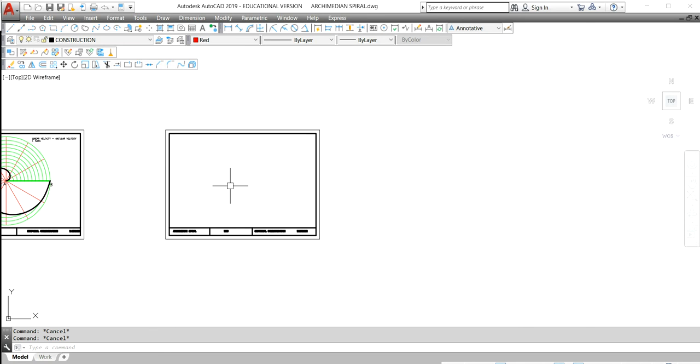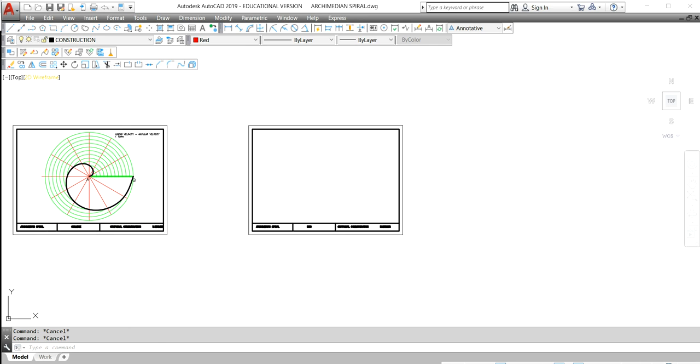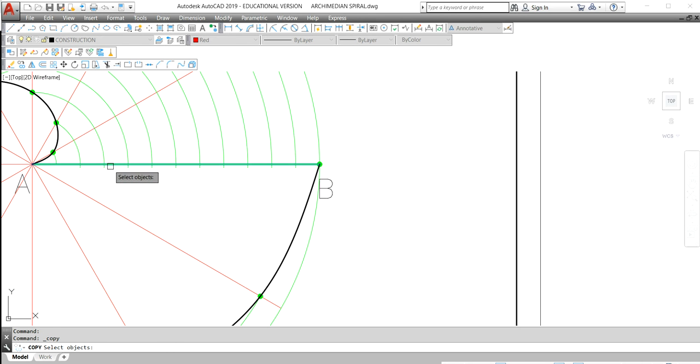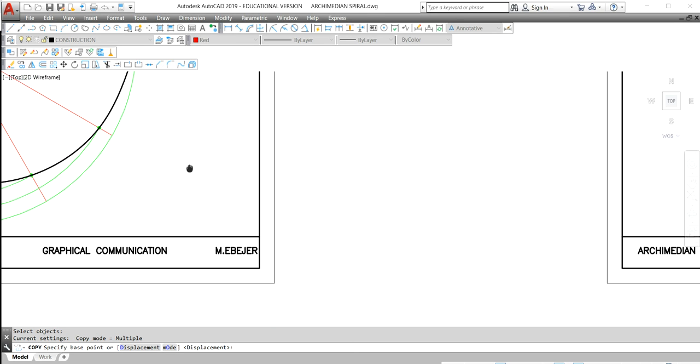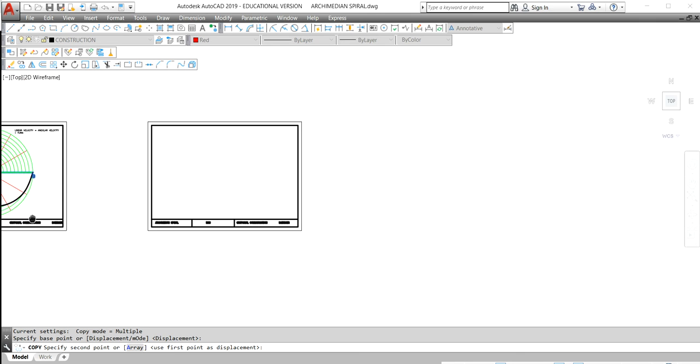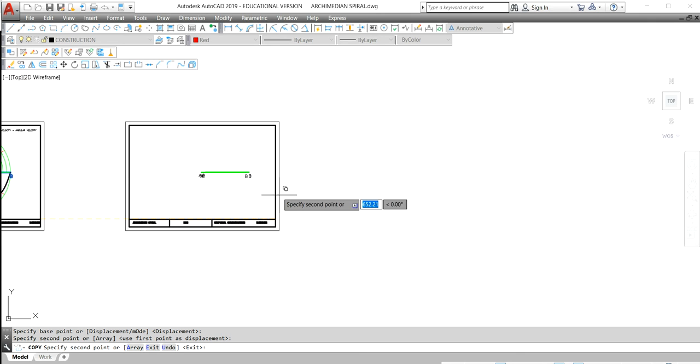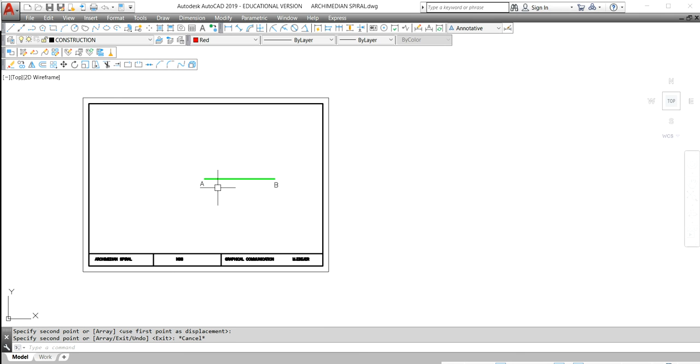Okay, find the midpoint of the whole paper, and we're going to draw a line. We're going to call it line AB.